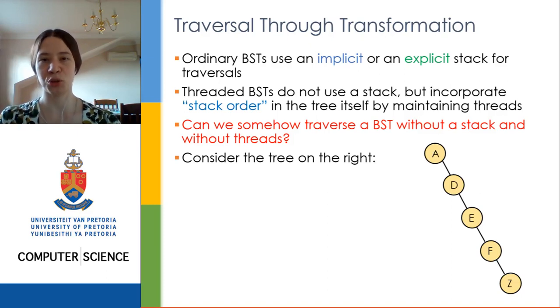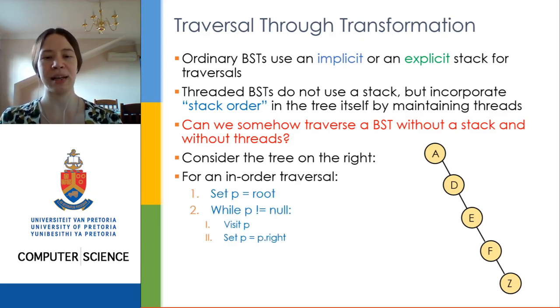If you are given such a tree, would you be able to traverse it without threads and without a stack? Well, most definitely. You simply start at the top and then you go right until you reach the right pointer that is null. So you only take right turns and you just keep printing every single node that you encounter along the way.